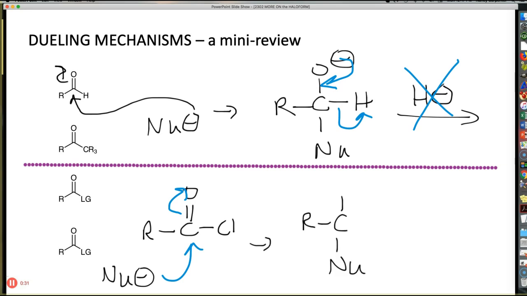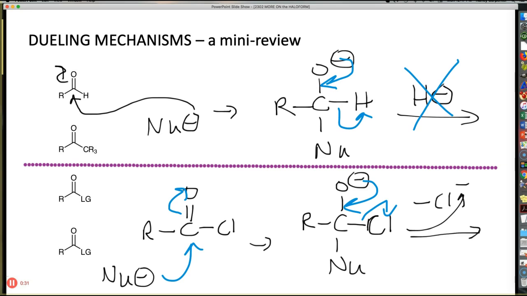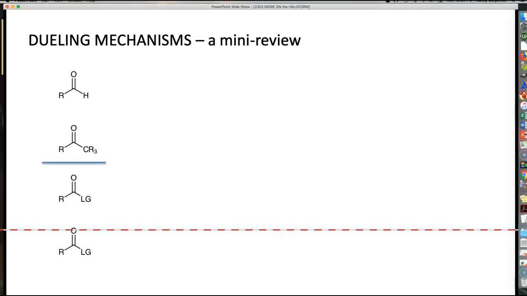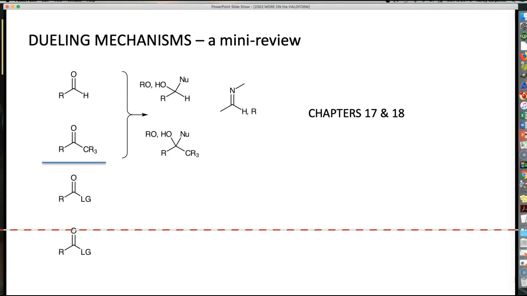Looks very similar, but now we have a very favorable up, down, out mechanism where we can lose Cl-. We lose a pretty stable leaving group. So that's a quick mini review of these two groups.